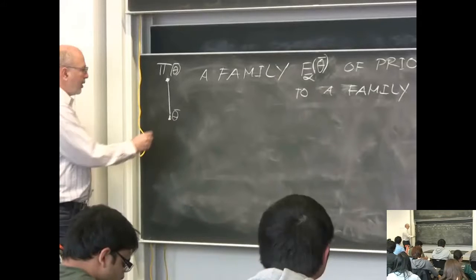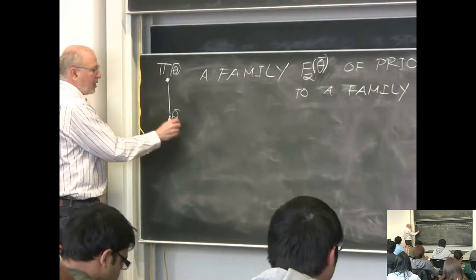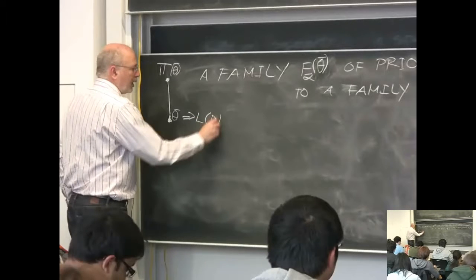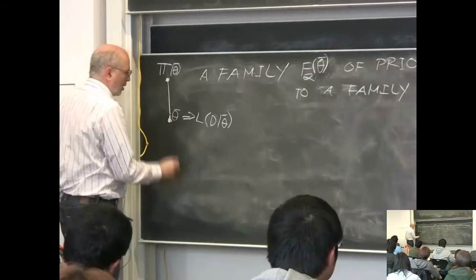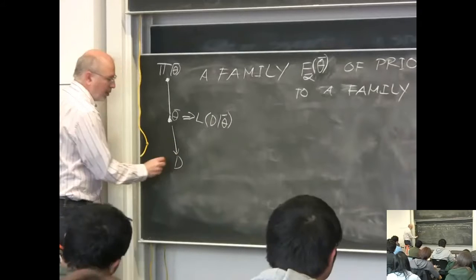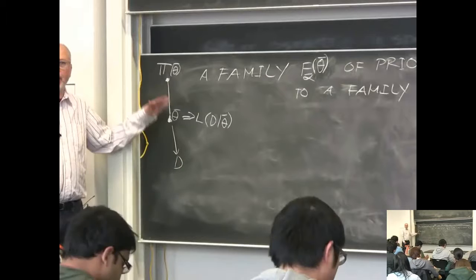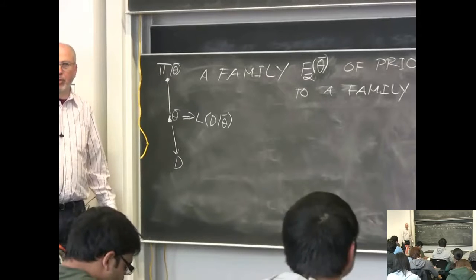Once you've got that point, it defines a likelihood distribution of the data given theta, and now you generate data from it. This is the classic two-step Bayesian view of the world.